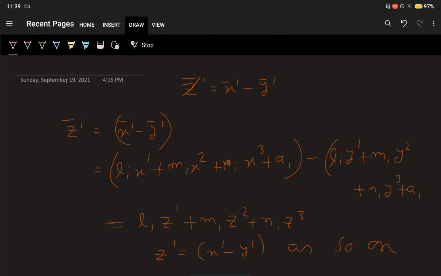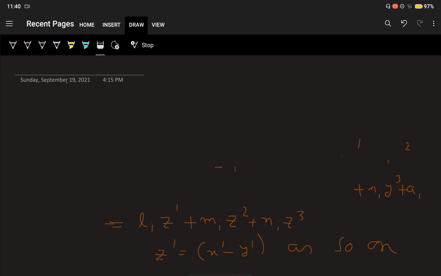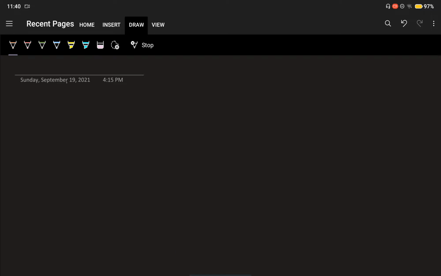Now some preliminaries. For a system of different order, we are given a set of two independent variables.